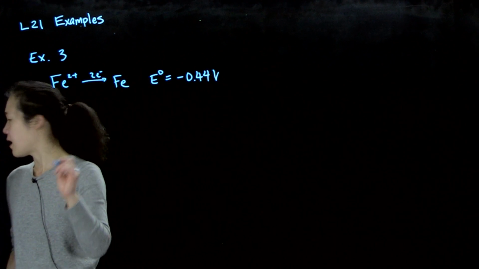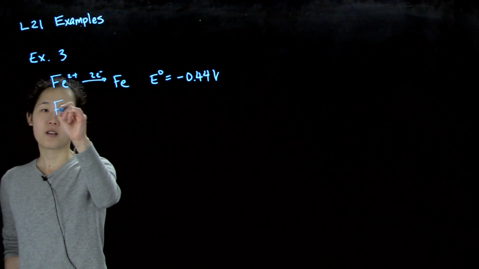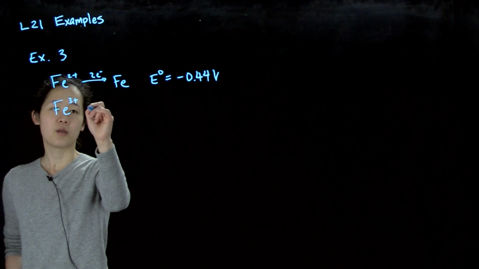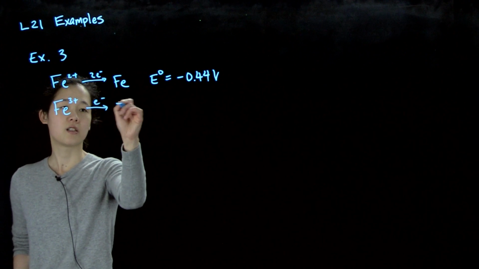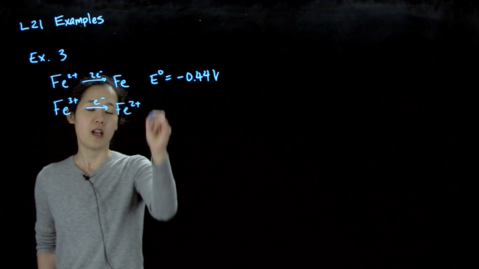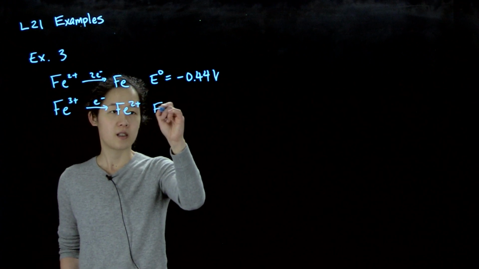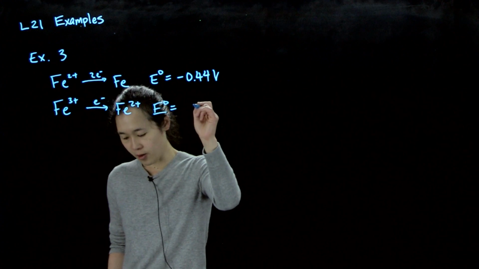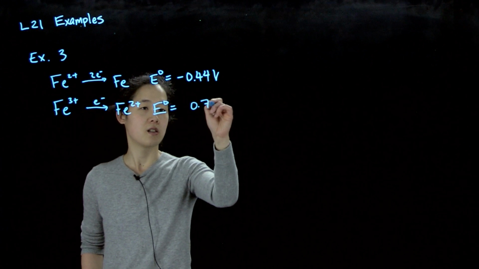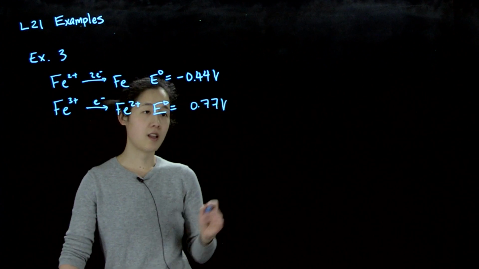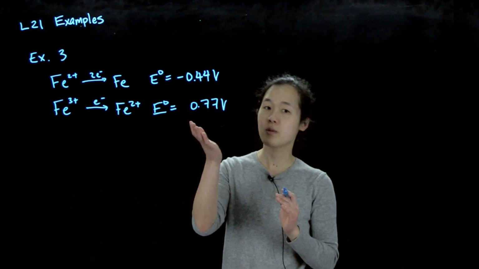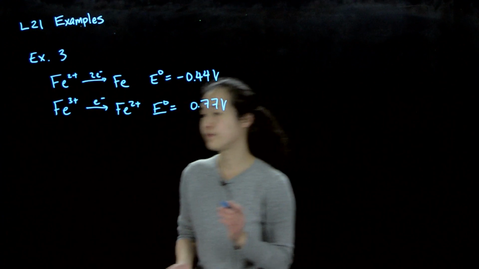And then we also had the reduction potential of iron 3+ plus 1 electron going to iron 2+, and this standard reduction potential was pretty positive, 0.77 volts. And again, these are half reactions, so they're referenced versus the standard hydrogen electrode.